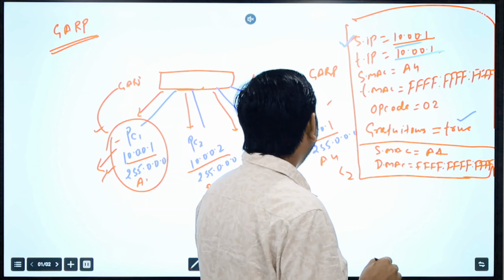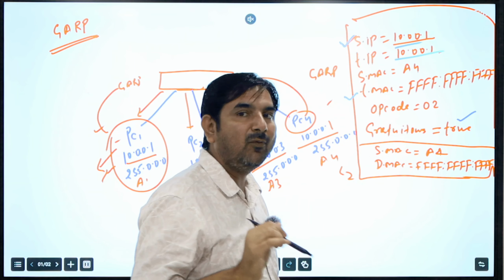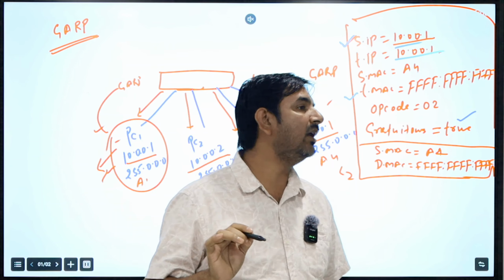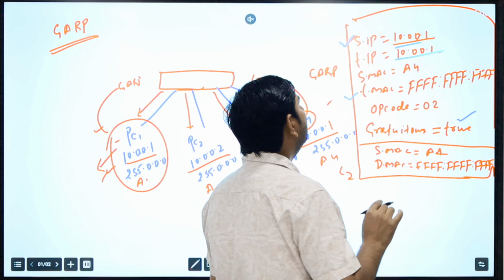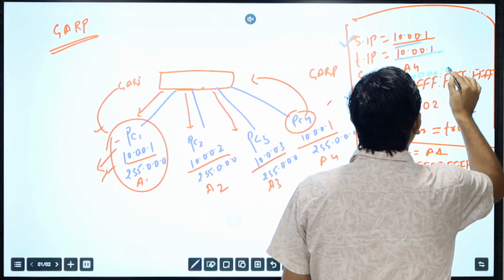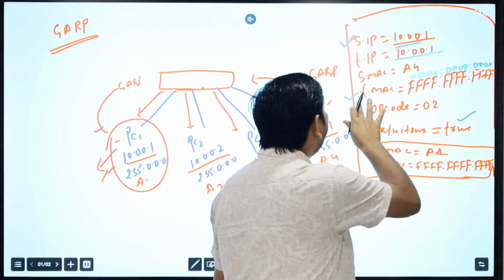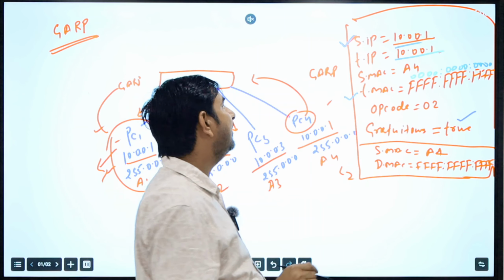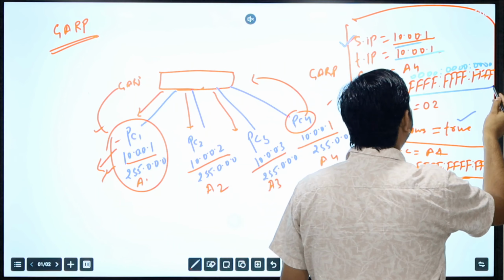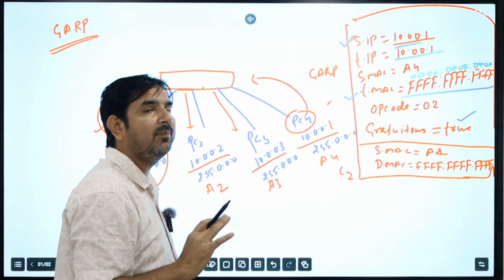What is the third difference? Target MAC. In normal ARP, the target MAC will always be the unknown MAC address. But in case of GARP, the target MAC will always be the broadcast MAC address.